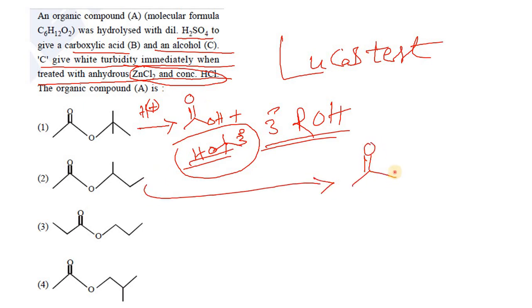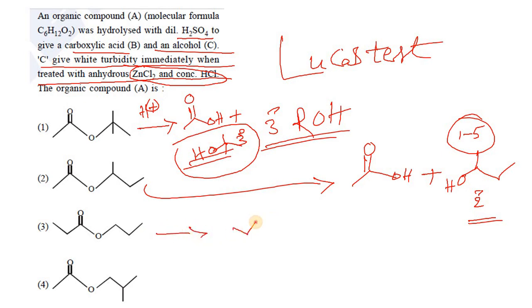You will get C double bond O, OH plus, and this is alcohol. This one is a secondary alcohol. It will take 1 to 5 minutes for the formation of white turbidity. Suppose if you take this one, it will give C double bond O, OH, and here OH.